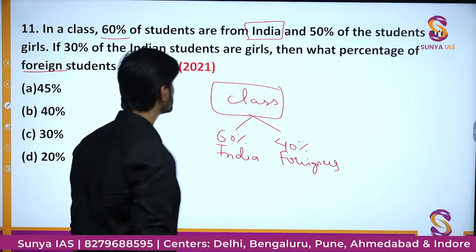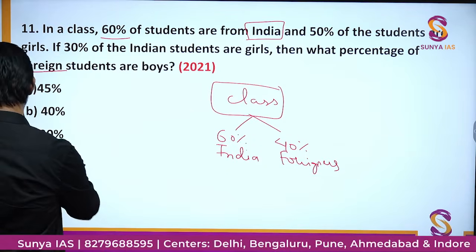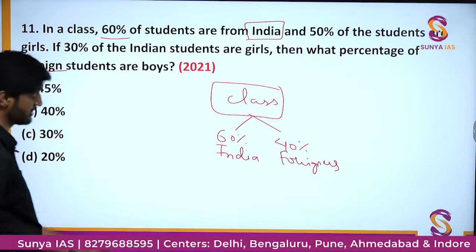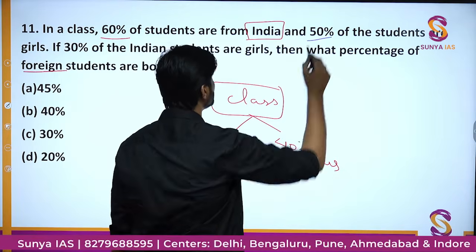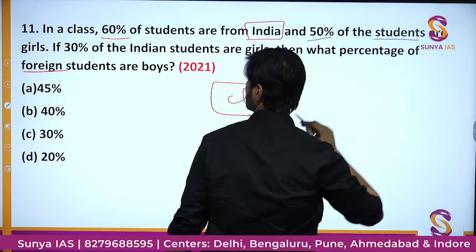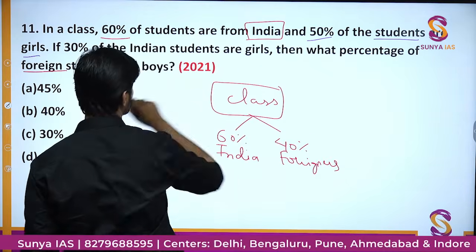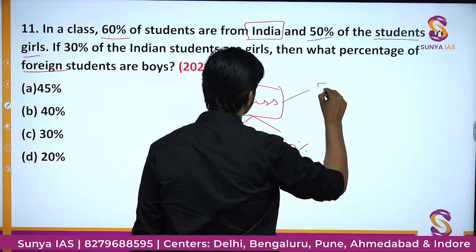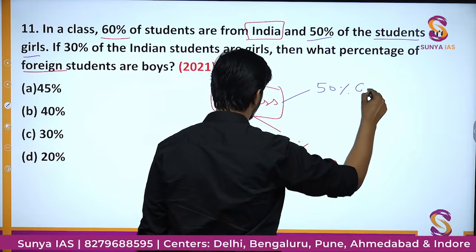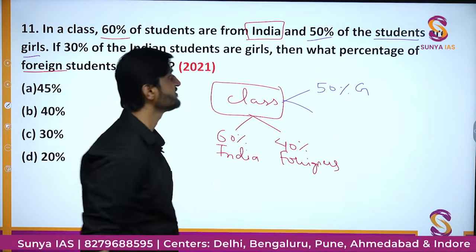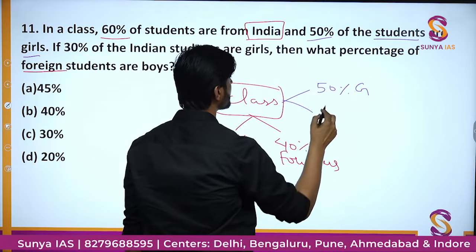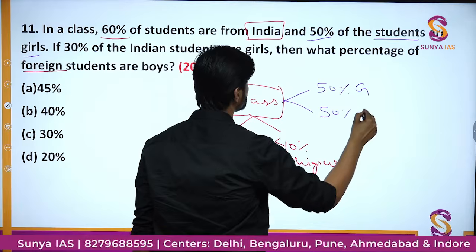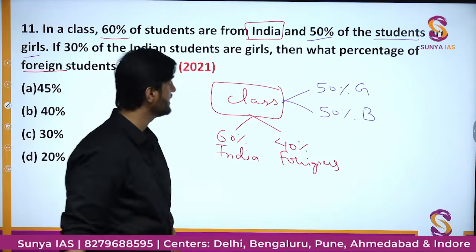This might be the schools for the diplomatic people, their children, diplomatic people's children. And so we have 50% of the students are girls. So out of this whole class, 50% are girls. So what does that mean? If 50% are girls and if we assume a gender binary system, then the remaining 50% are going to be boys definitely.